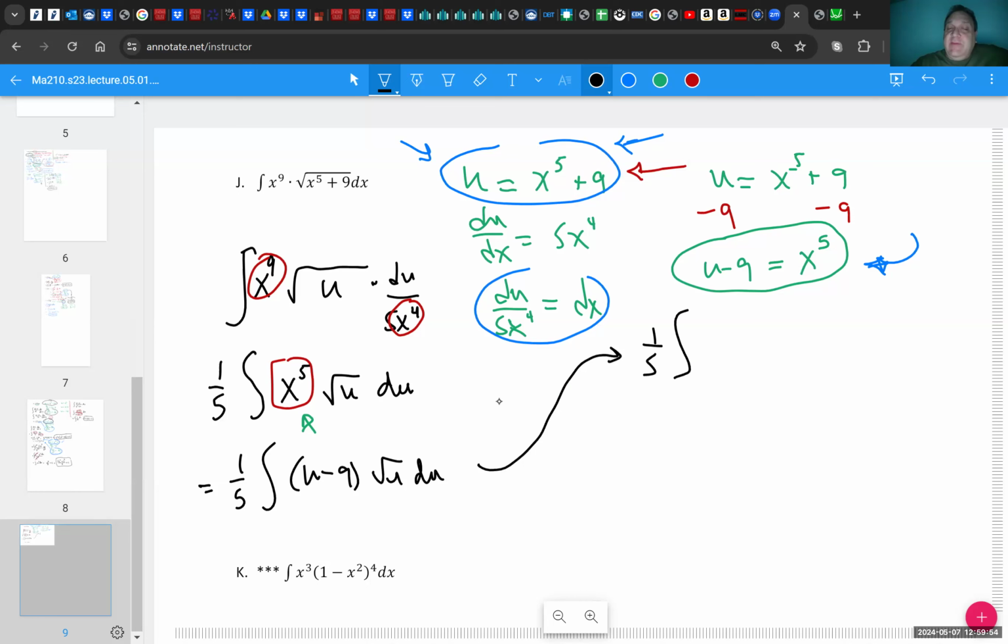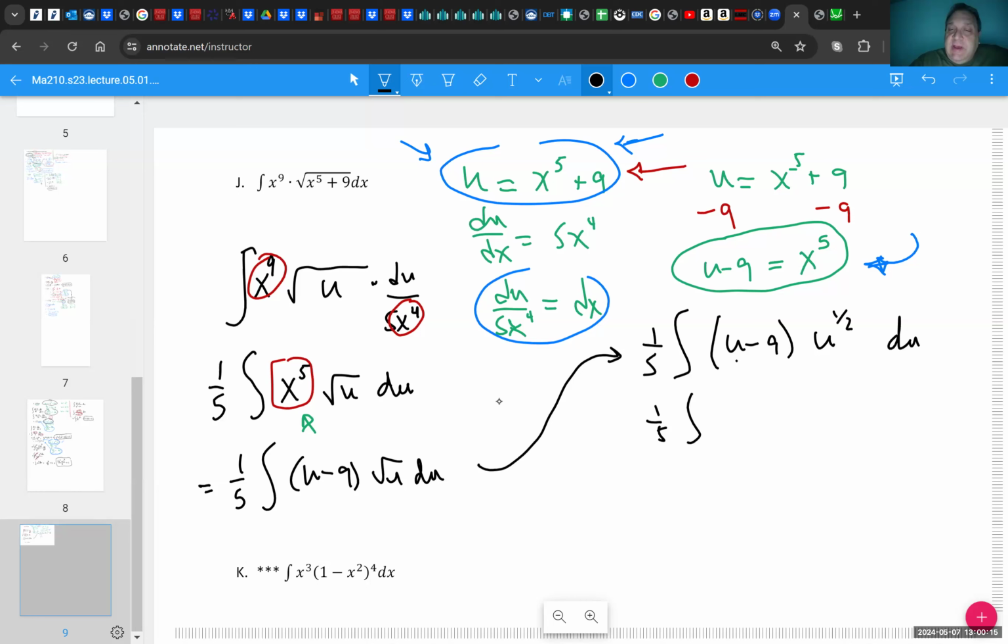I'll just remind folks that the square root of u, let me rewrite this. This is u minus 9. Let me remind folks that the square root of u is just u to the 1/2. And I can distribute.